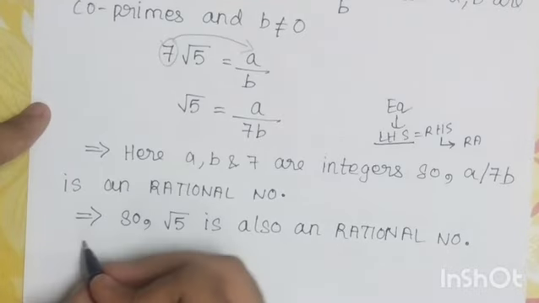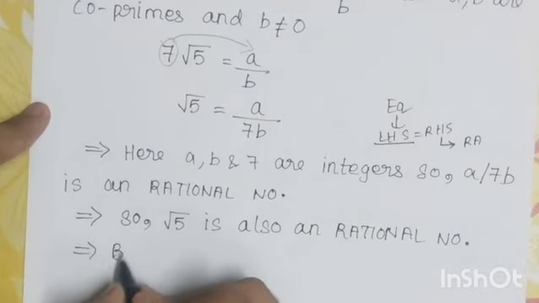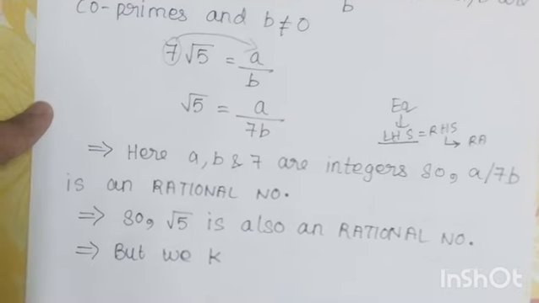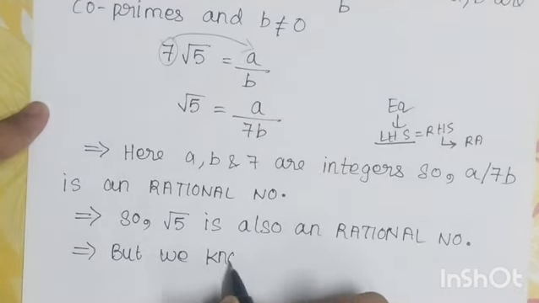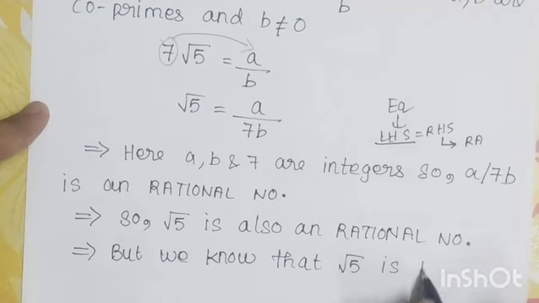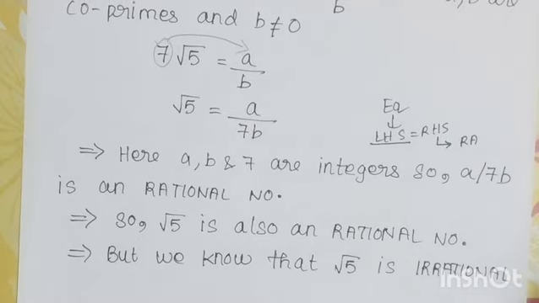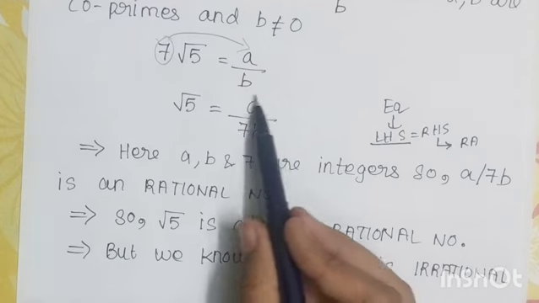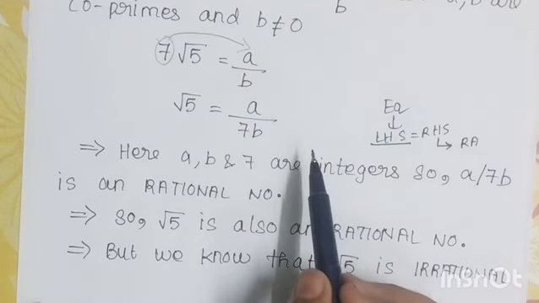But we know that root 5 is irrational. So since it is irrational, this whole part will also become irrational.